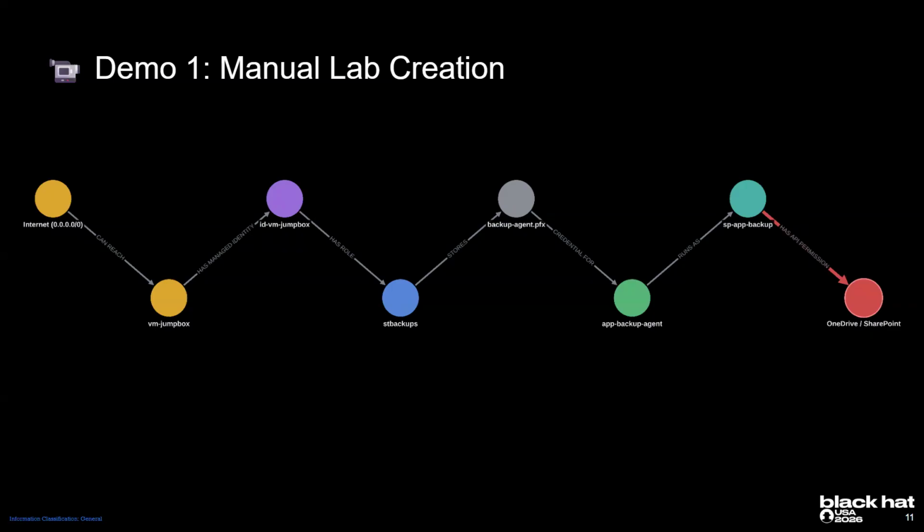In this scenario, that storage account is storing a private key, a certificate for a particular app registration. And then that app registration has permissions, specifically Graph API permissions, that allow it to read OneDrive files from anyone on this tenant. So this is the first attack path that we're going to create with BadZure in our first demo. So let's go ahead and do that.